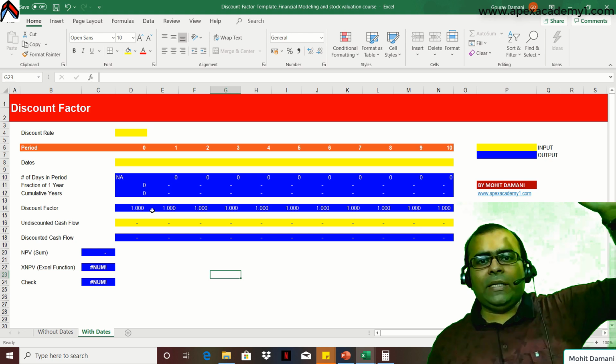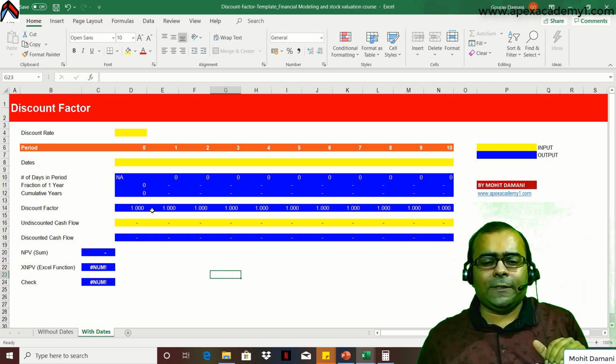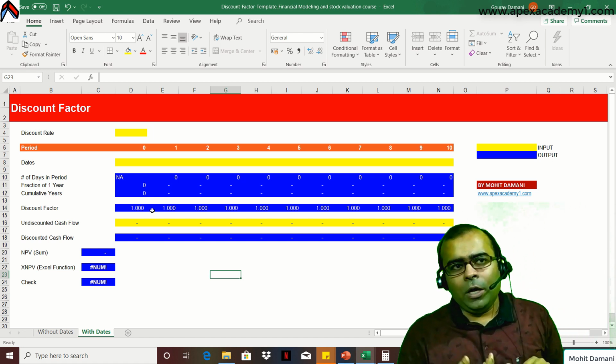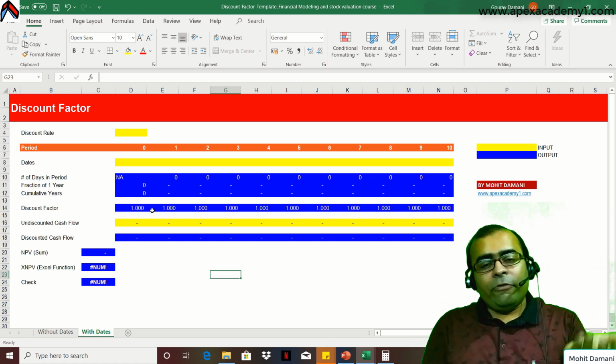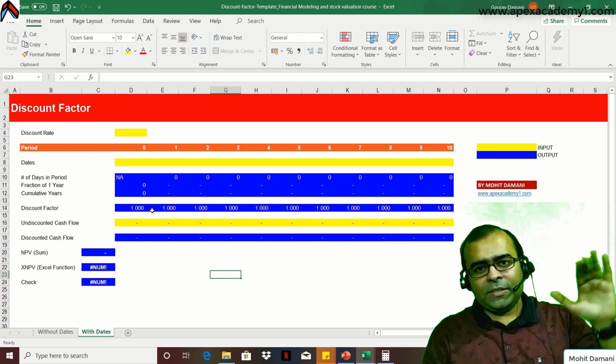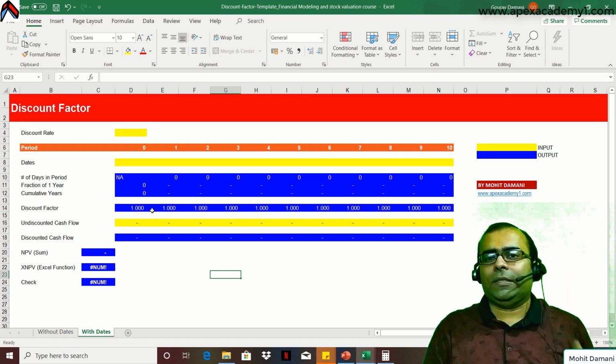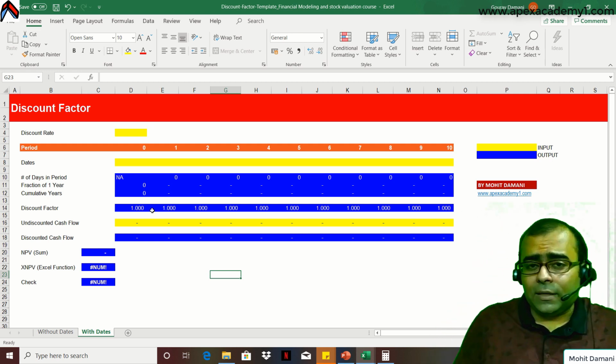For 3 months the interest rate is 5%. For 1 month the interest rate is, let's assume, 4%. For 15 days the interest rate is, say for example, 3.75%, and for 1 day the interest rate is, let's assume, 3%. Now what the hell is that?